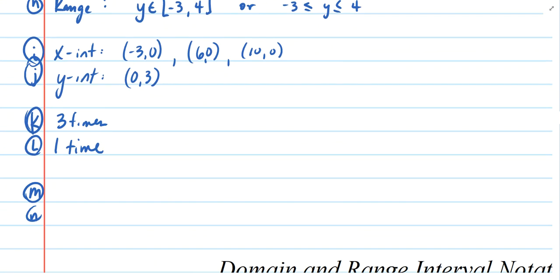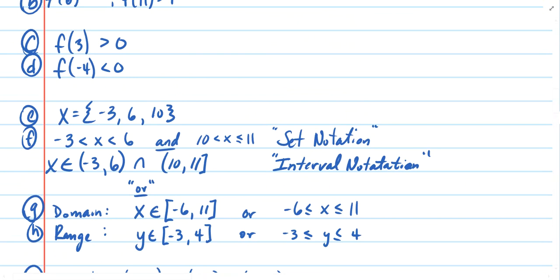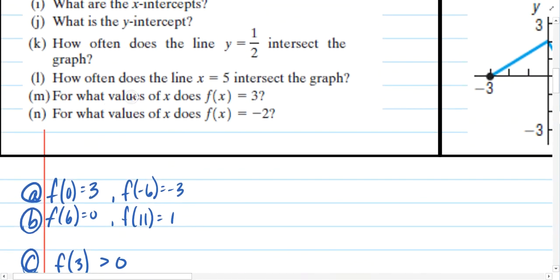Now those two questions really do a nice job of preparing us for questions like M and N. For what values of x does f(x) equal 3, and for what values of x does f(x) equal -2? Here again, we're sort of asking ourselves, when does y equal 3, and when does y equal -2?